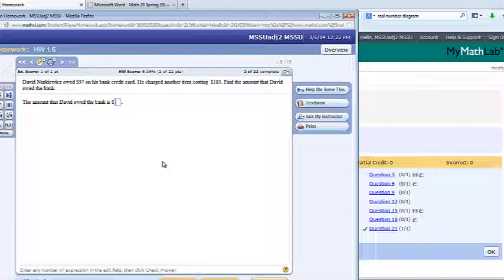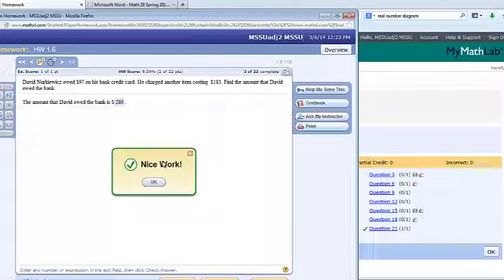So do you think we're going to add or subtract the $183 from the $97? We are going to be adding it because that'll give us our total amount that we owe the bank. So we're going to take 97 plus 183, and that'll give us 280. So the amount that David owes the bank is $280. Let's put that in, hit enter, and that's correct.